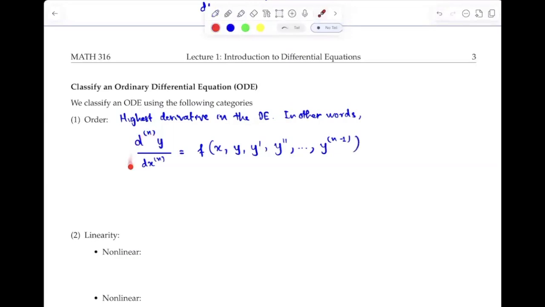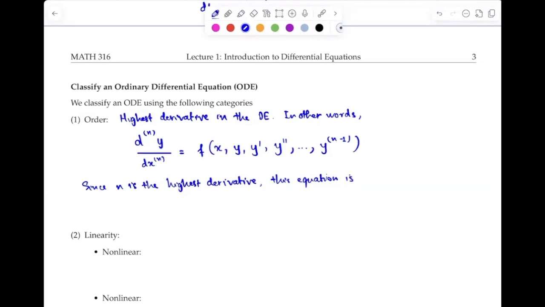Because the highest derivative in this case is n, this is an nth order differential equation.